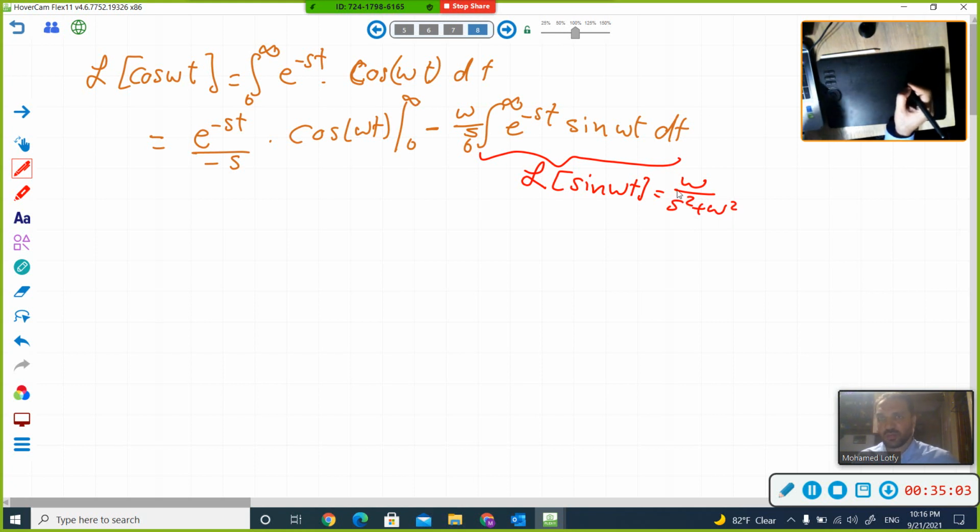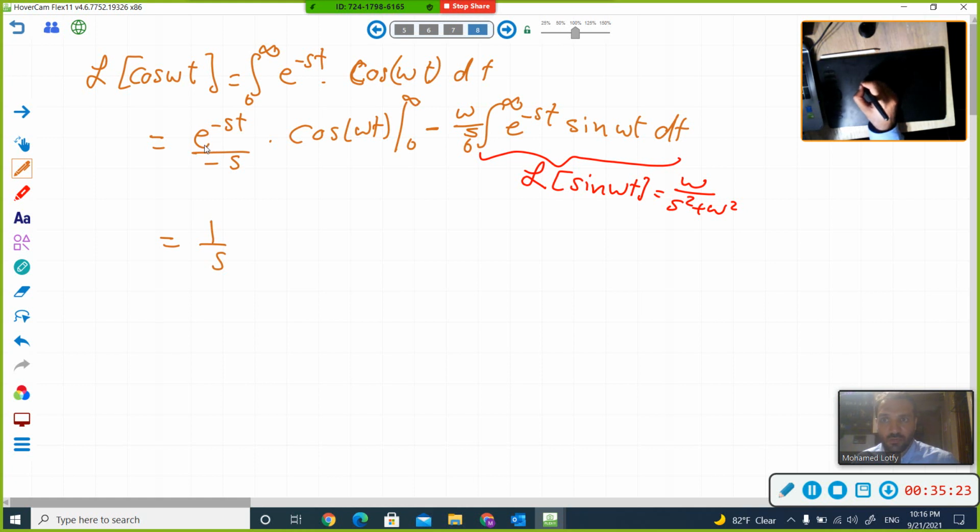So let's substitute. Now let's go back to our original color. Don't forget that the substitution of these limits will give you 1 over s. You can do it quickly.